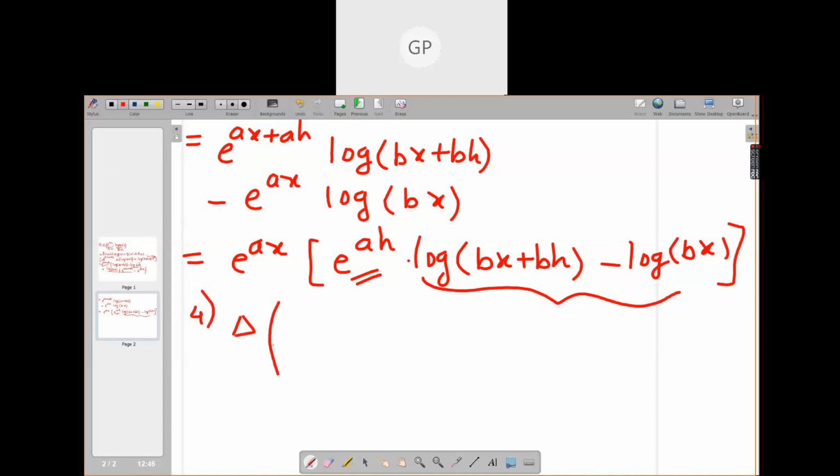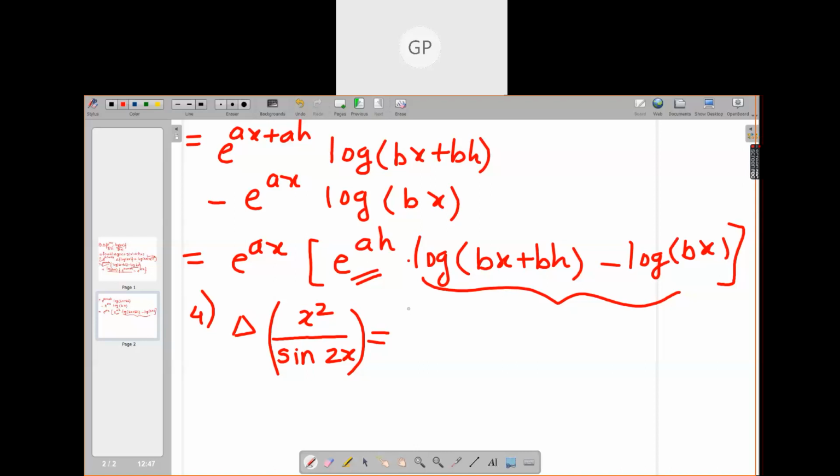Delta applied on x square divided by sine 2x. So what was the formula? You have written, no?